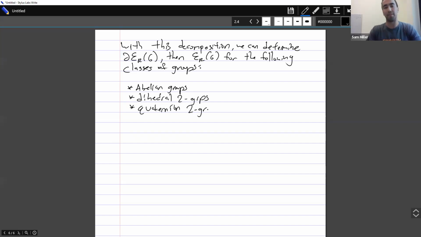The quaternion one essentially follows from dihedral. And the most interesting one, I think, is semi-dihedral.